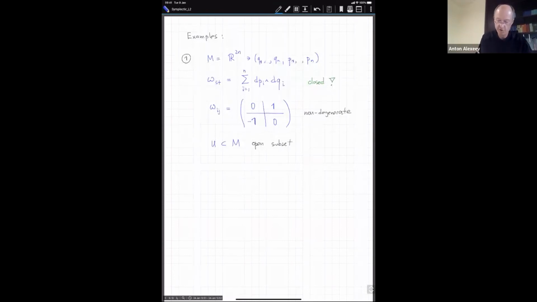So you already mentioned another example that I wanted to explain. Sometimes it is more convenient to use complex coordinates.